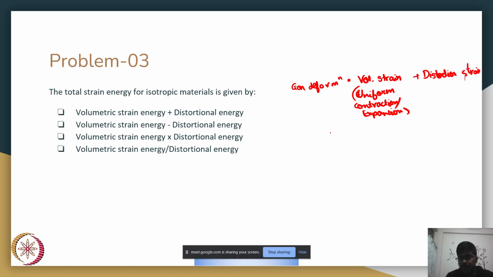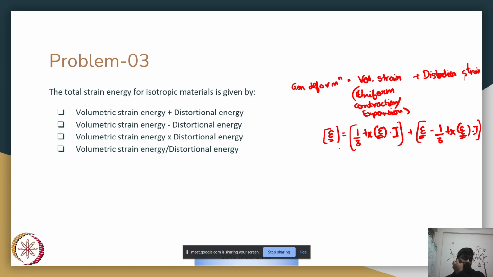So this means that you can write epsilon is equal to 1 by 3 trace of epsilon times I plus epsilon minus 1 by 3 trace of epsilon times I. We are decomposing our strain matrix into two terms.